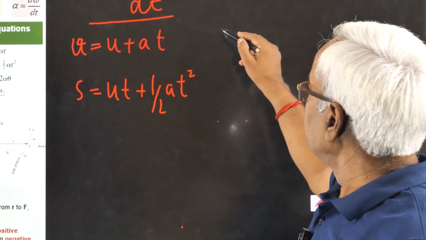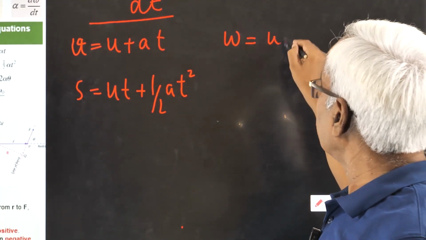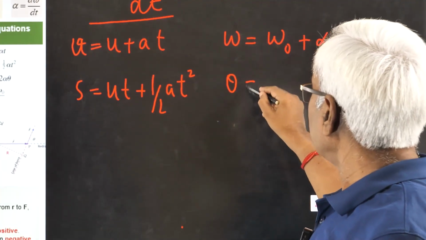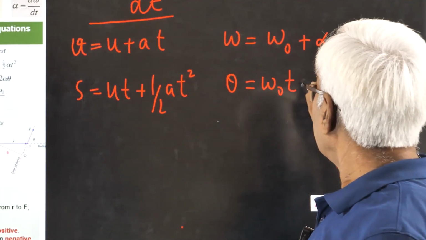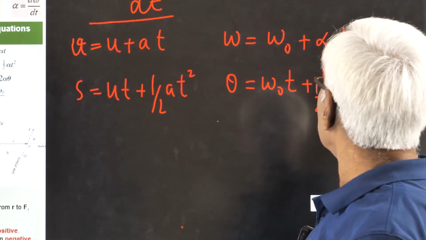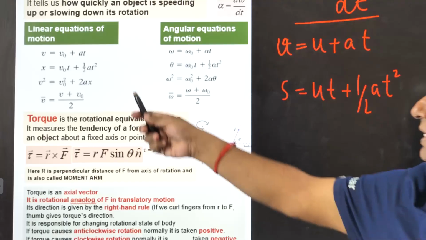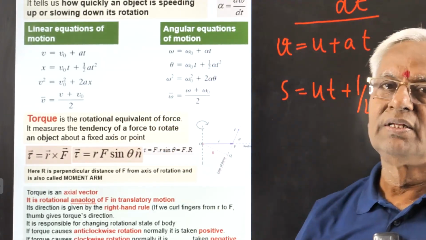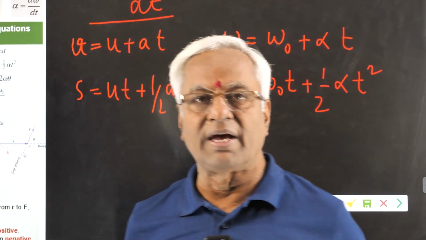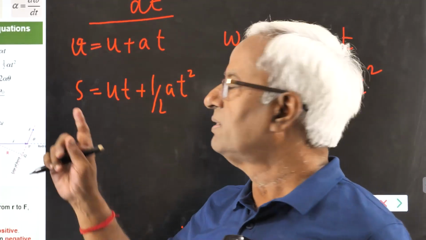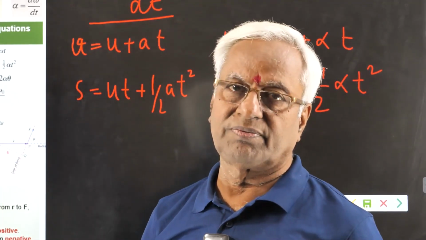In place of final linear velocity, it's going to be omega equal to omega 0 plus alpha t, and here also we have the analog for the second equation. Similarly, the third and fourth equations have been compared over here. So all the equations that we have in linear motion are exactly transformable into rotational motion.